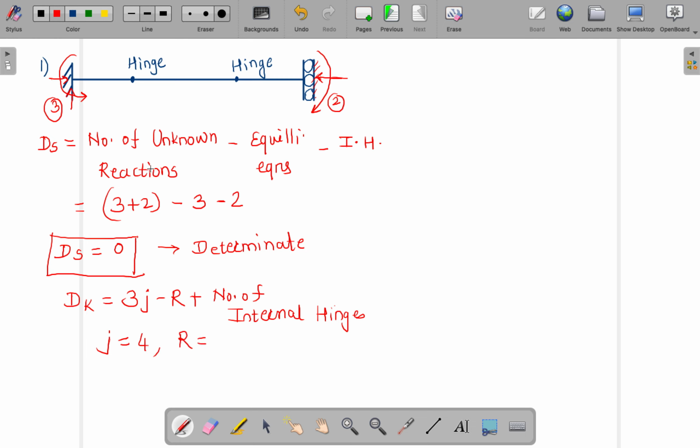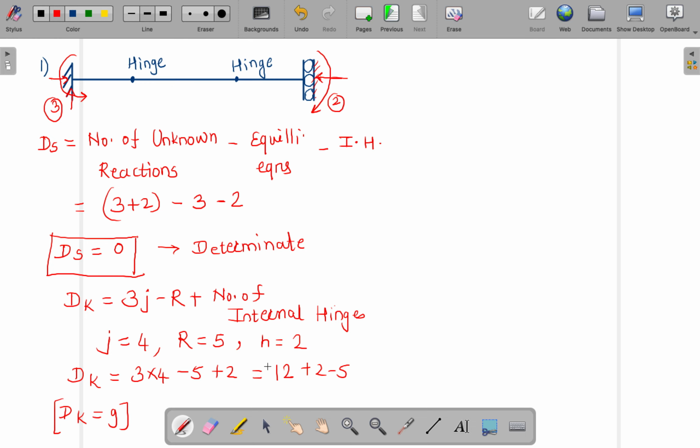How many r are there? Number of unknown reactions, they are 5. Number of internal hinges, let us consider h, that is 2. Substitute in the formula: 3 into 4 minus 5 plus 2. So 12 minus 5 plus 2, that is 9. So degree of kinematic indeterminacy, degree of freedom, is 9. This is our answer for this particular beam.